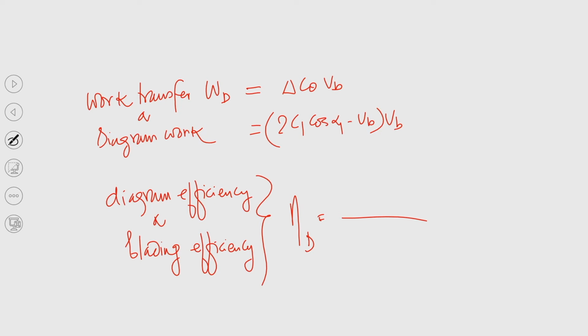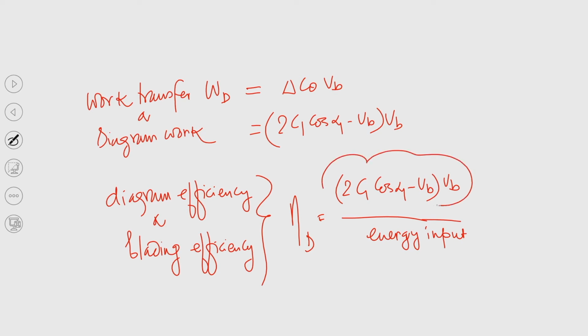So, if we try to write it, that is nothing but 2 into (C 1 cos alpha 1 minus V b) into V b divided by the energy input to the blades in the form of a steam jet. So, this is basically the work done by the steam on the blades to the energy input to the blades, that is in the form of a jet.